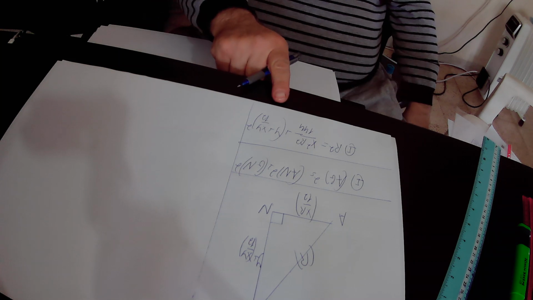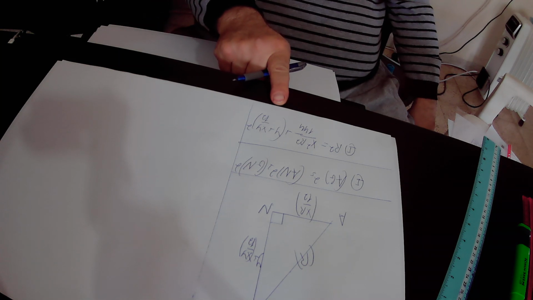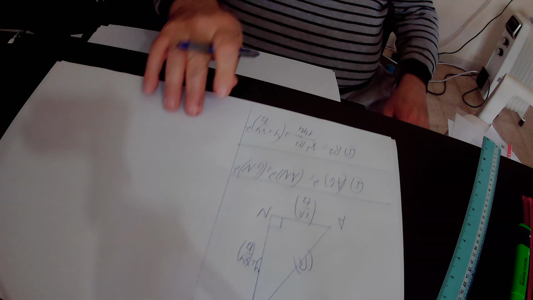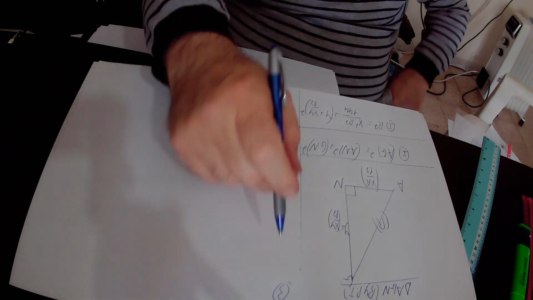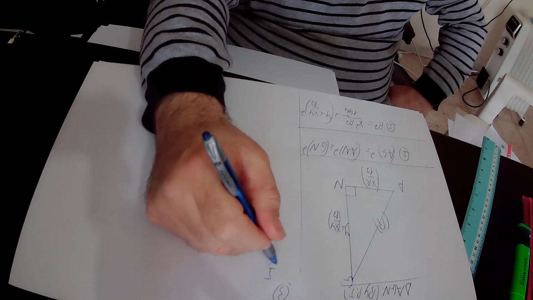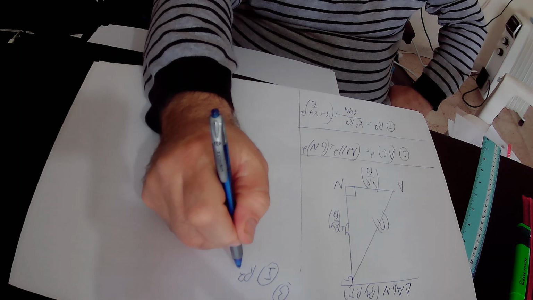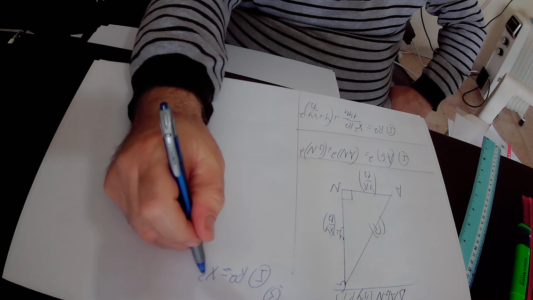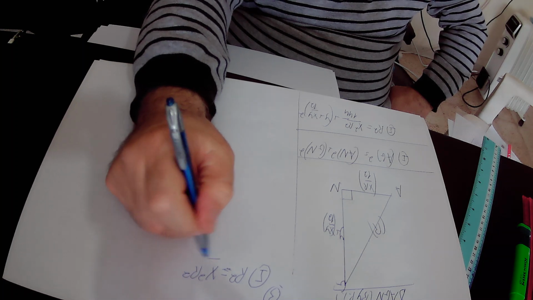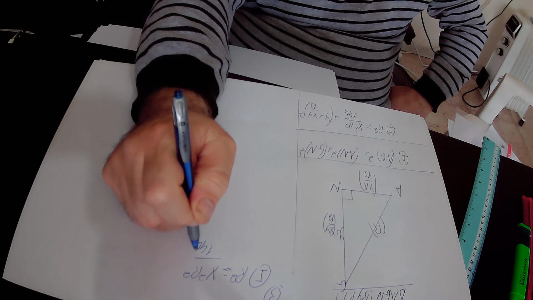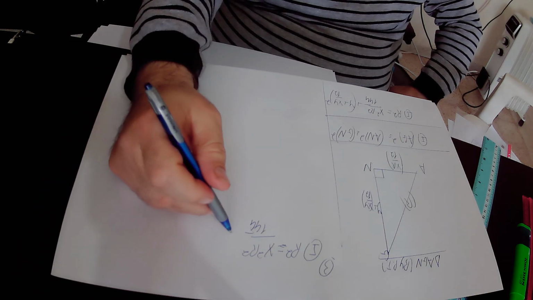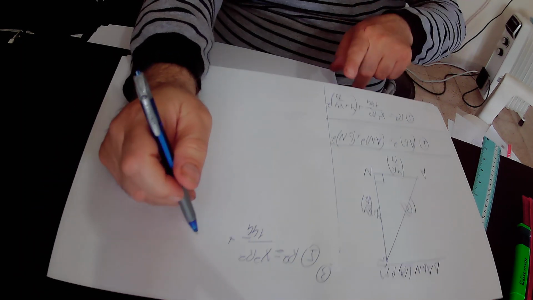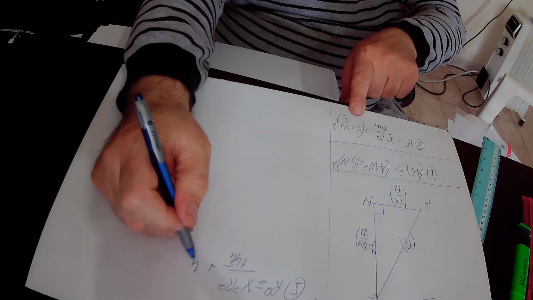Here we take out Y as a common factor for this expression, and we get that according to equation 1, R squared equals X squared times R squared over 144. And we have this expression, we take Y as a common factor.